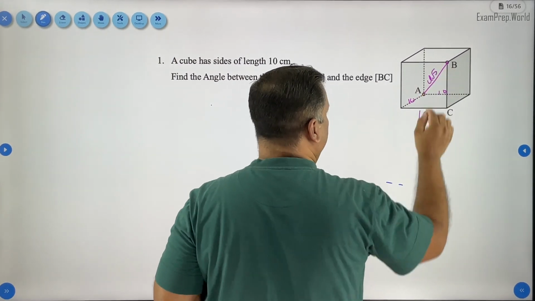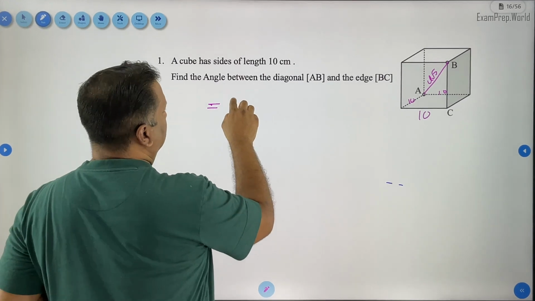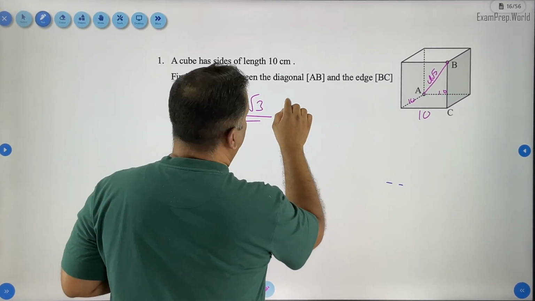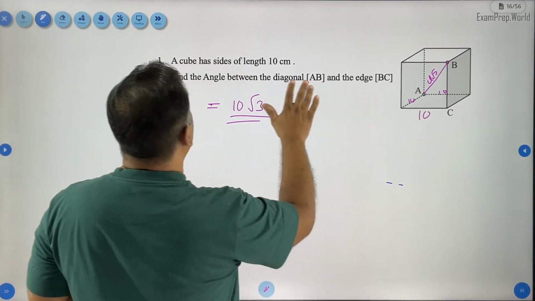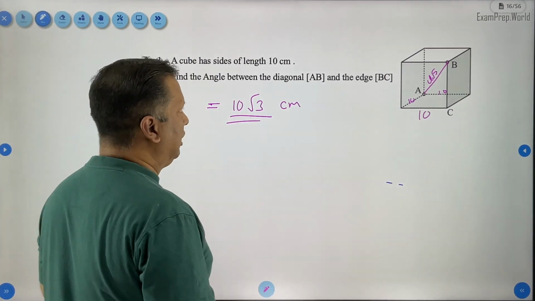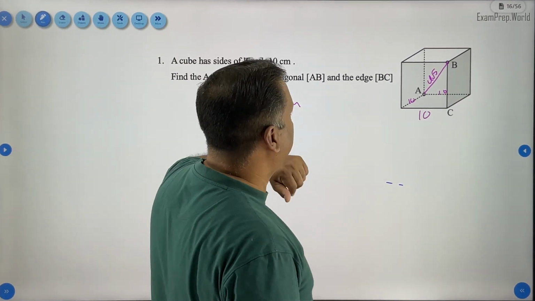So what is L here? 10. So we can straight away write 10 root 3, and that's your answer. 10 root 3 centimeter, as they have not given any unit.